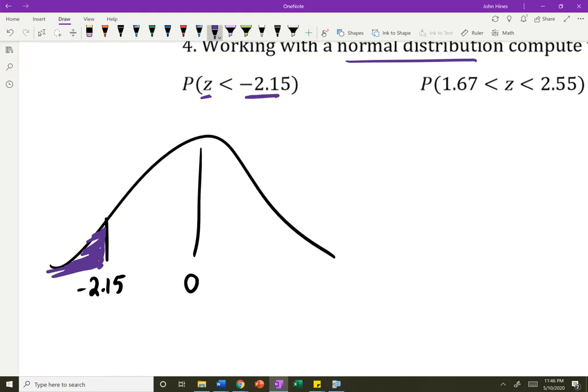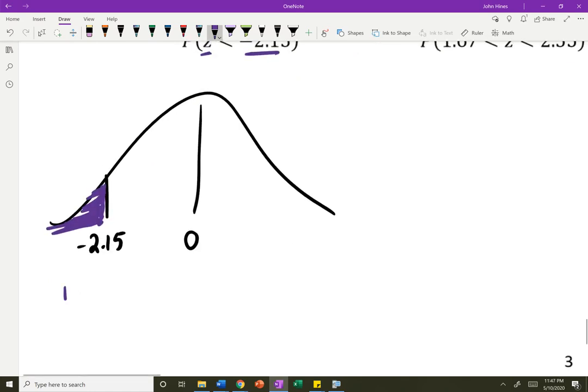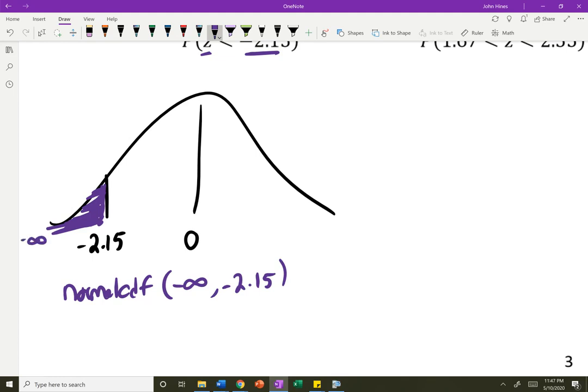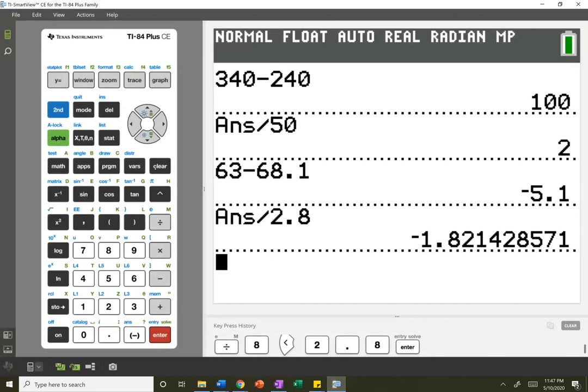The normal distribution is what connects us from probability into statistics. So how do I do this? I'm going to do normal CDF. How low do I go? Negative infinity all the way to negative 2.15. So here we go.